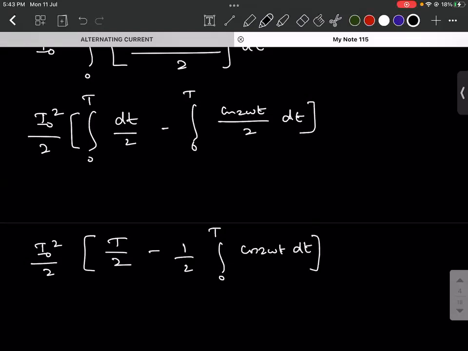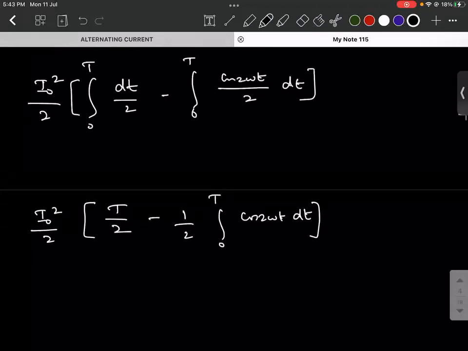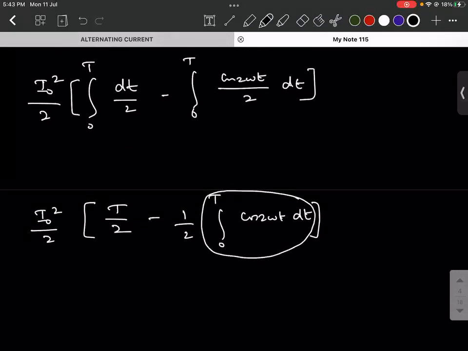Listen, this integral of cos 2 omega t dt, this part alone I want you to do and tell me the answer. I'll give you a hint: integral of cos 2 omega t is sin 2 omega t divided by 2 omega. Having this in mind, find out the answer for this part.